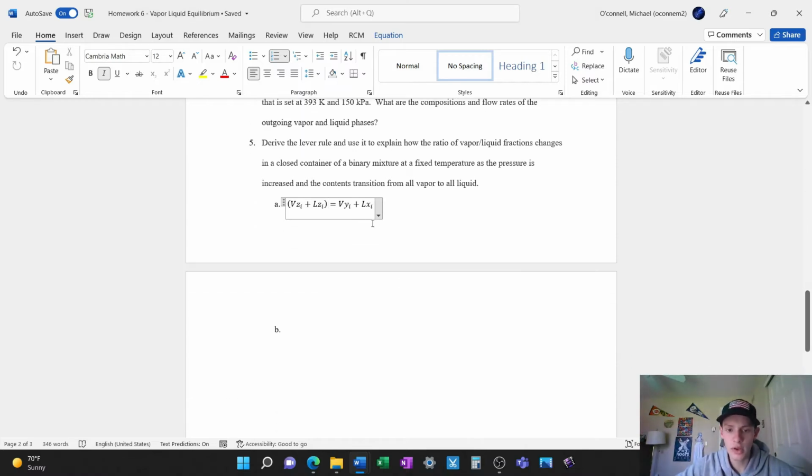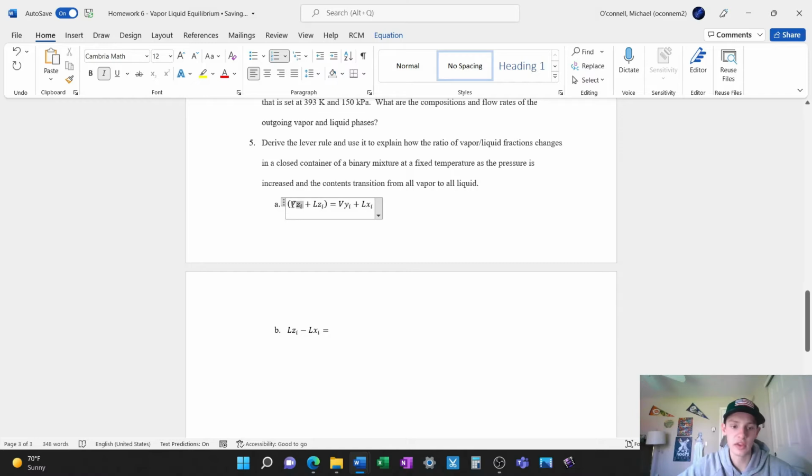Well, what we're going to want to do is move stuff around a little bit. What I would desire here is to have the terms with L on the left-hand side, let's say, and the terms with V on the right-hand side. Because what will that allow us to do?